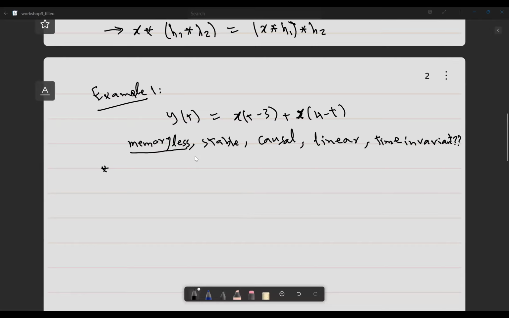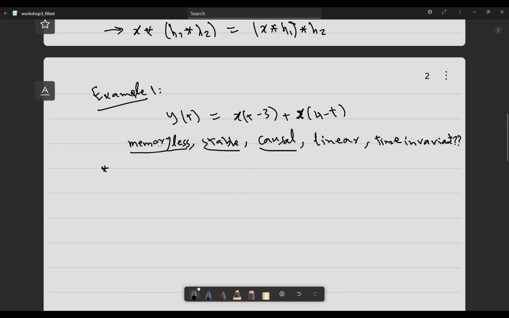I don't think we were taught about memoryless yet, or at least I'm looking at my notes right now and it's empty. I think he skipped that part, and went straight from causality to stability. Okay.